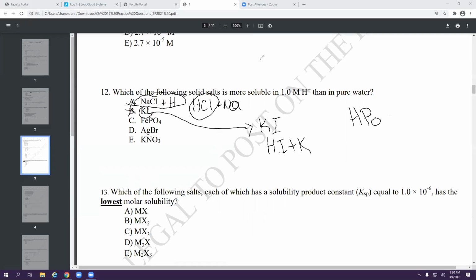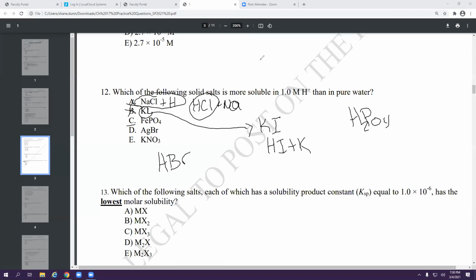H2PO4, how about that? Strong or weak? Is it weak? Yep, it is weak. Good job. That one's the only candidate so far because it will form a weak acid, which means it will be kind of dissolvable.